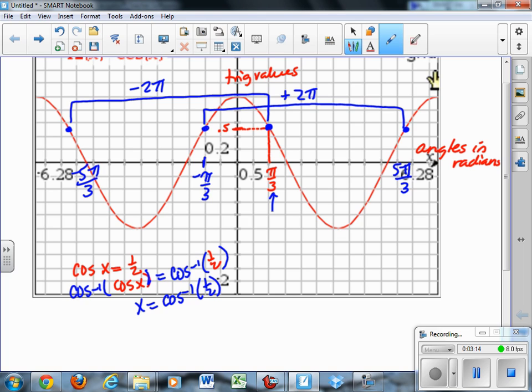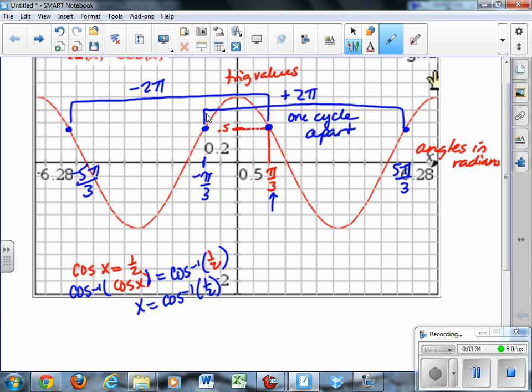Notice that on this regular cosine graph, all of the angles with the same trig value are exactly one cycle apart, either in the positive direction or the negative direction. Notice also that there are angles that are on the downward side of the curve and angles that are on the upward side of the curve.